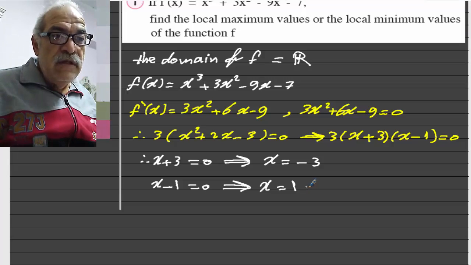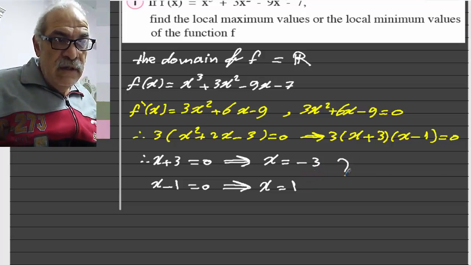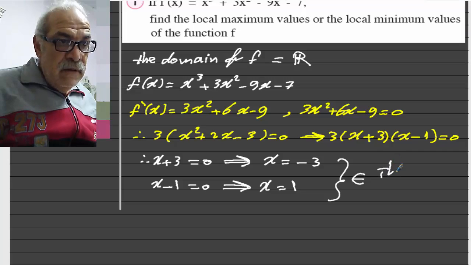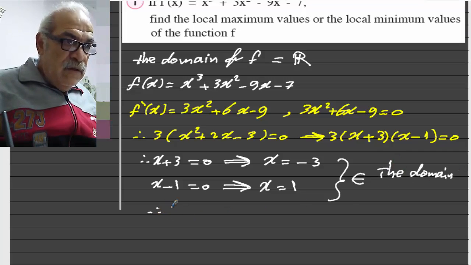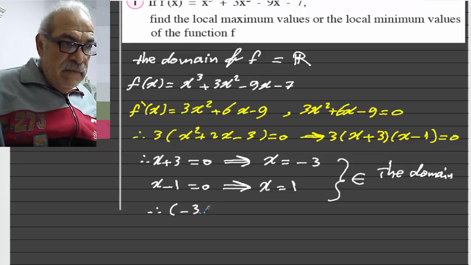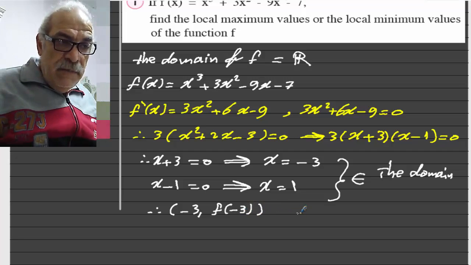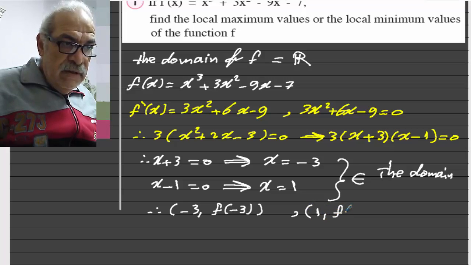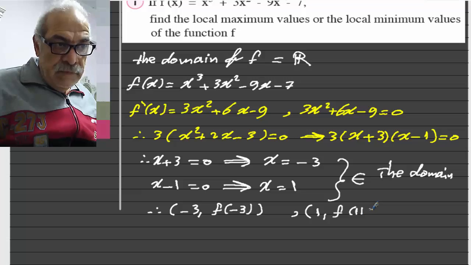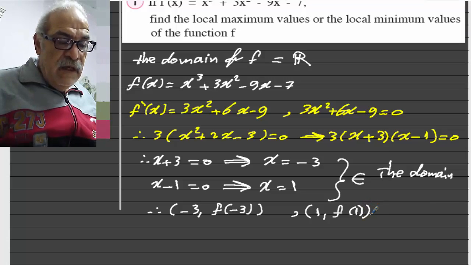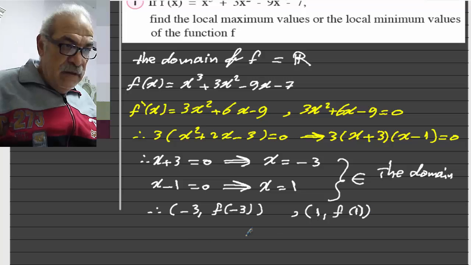Okay, because both negative 3 and 1 belong to the domain of f. So negative 3 and f of negative 3 is a critical point. Also 1 and f of 1 is another critical point.